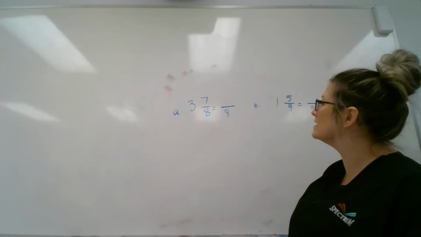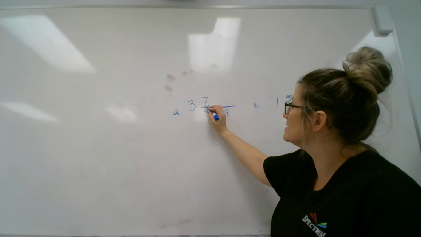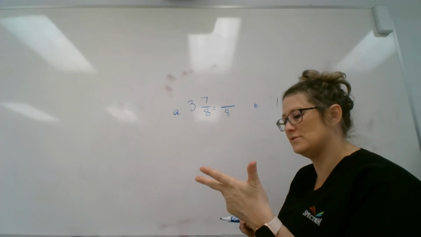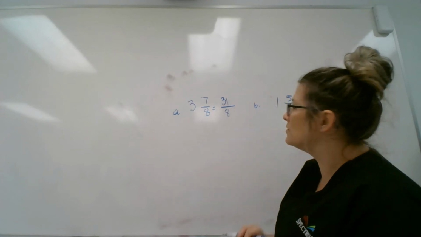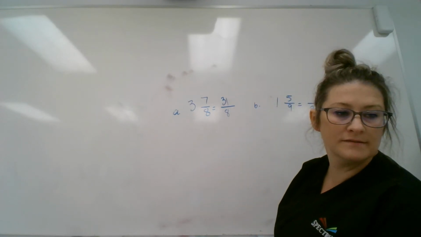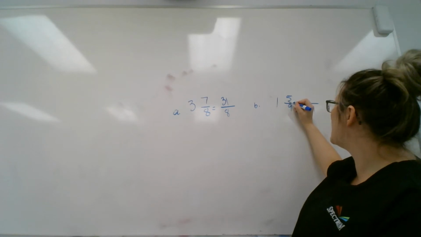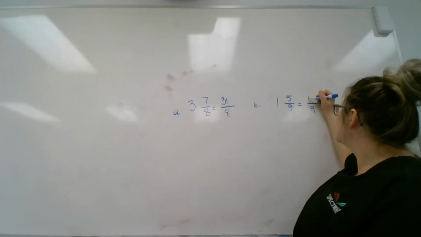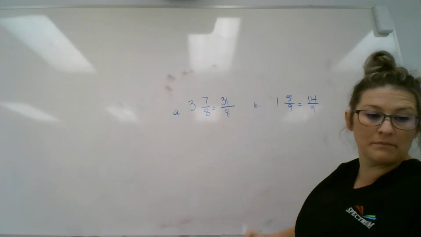So I'm going to plug my denominators in. 8 times 3 is 24, plus 7: 25, 26, 27, 28, 29, 30, 31. Here's my new fraction, 31 over 8. B, 9 times 1 is 9, plus 5, which is 14. 14 over 9 is my new fraction, my improper fraction.